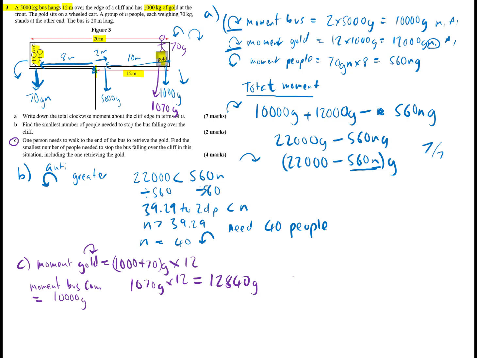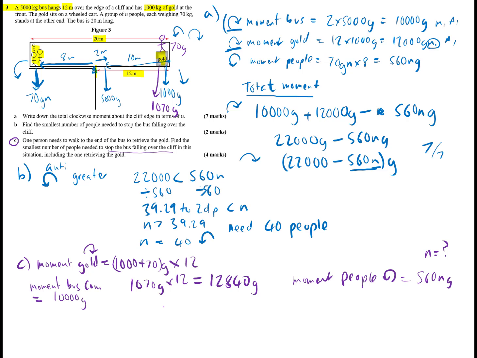So just remember the moment of the people, which is anti-clockwise, is going to be 560ng. Find the smallest number of people needed to stop the bus falling over the cliff in this situation, including the one retrieving the gold.